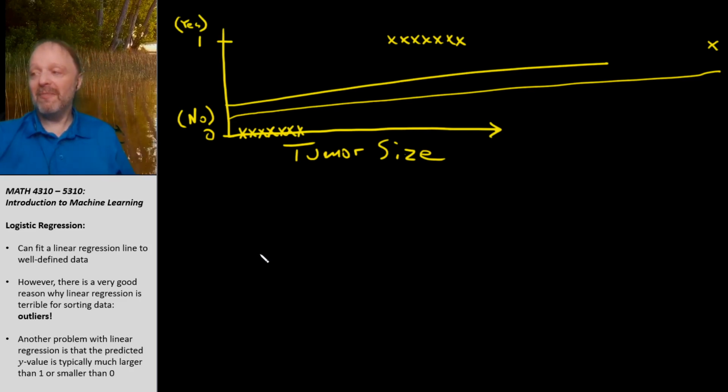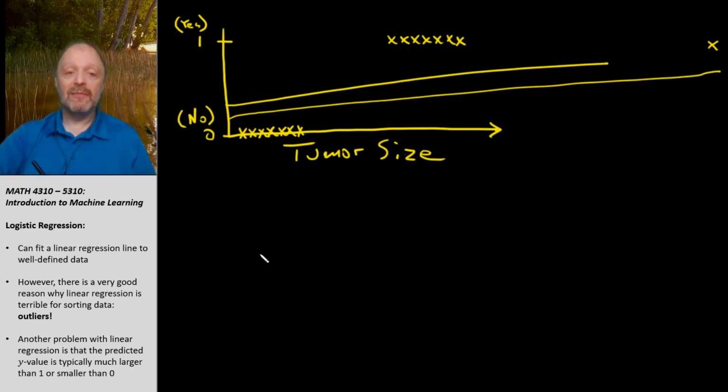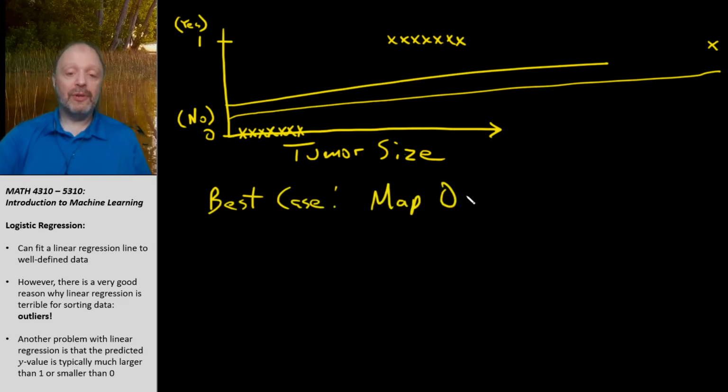And so what we want, if we had our perfect example, is to be able to take our training examples, do some sort of transformation on our data, and then have it map into either a 1 or a 0. So our best case is to map our output directly into a 0 group or a 1 group.